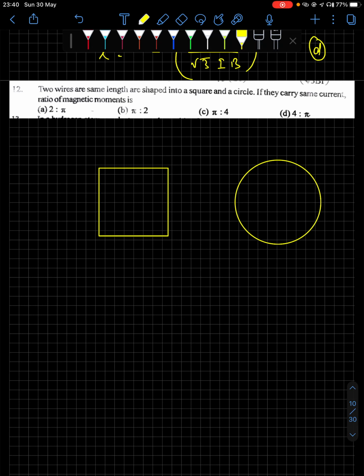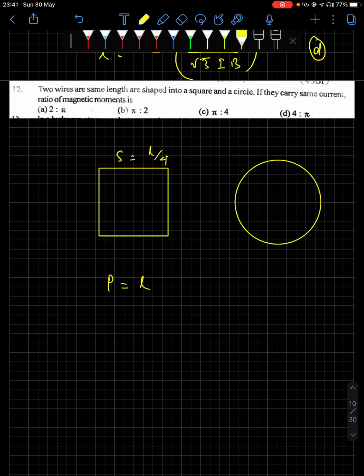Now they are of the same length, right? So if the length of the wire is L, that means the perimeter of the square is L. In that case, each side will have length L by 4, and only then your total length, L by 4, L by 4, L by 4 and L by 4, gives you L, the total length of the sides of the square, which is the perimeter.